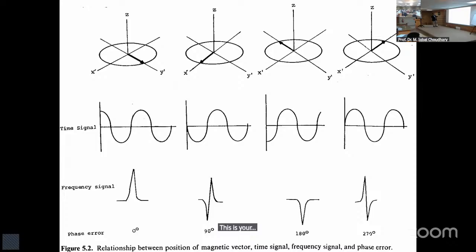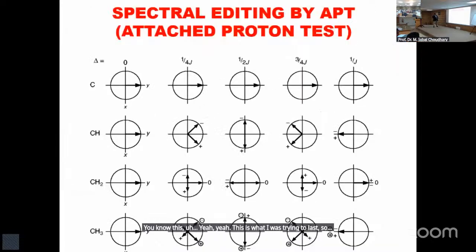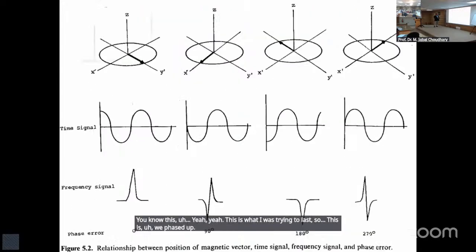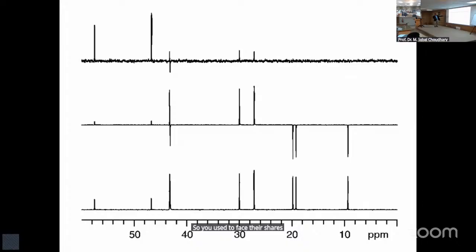You know this. Yeah, this is what I was trying to explain last time. So this is the phase difference. You use the phase difference to eventually create a spectrum like this, in which CH2, CH3s and CHs are down and quaternary carbon is up.